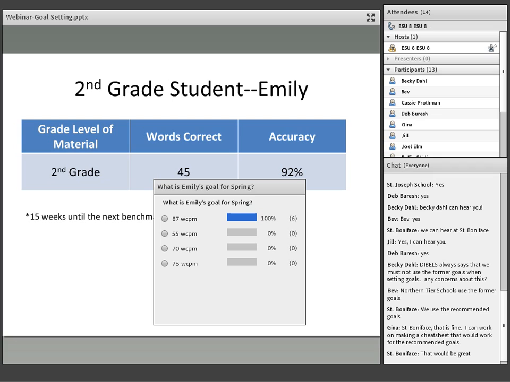Okay, so Emily is a second grader, and she read 45 words correct in a minute.